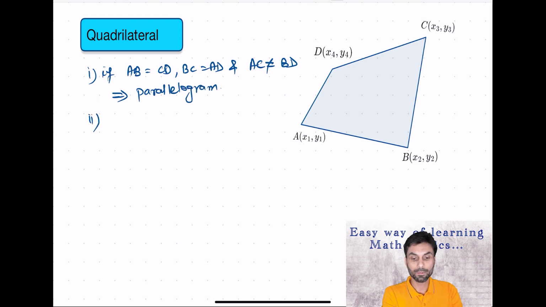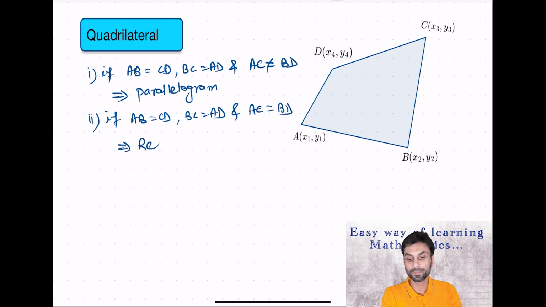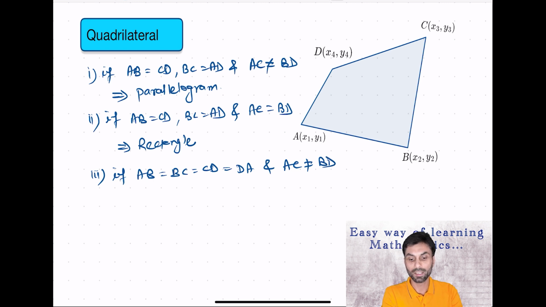Second, if we have opposite sides equal as well as diagonals also equal, then we can say the quadrilateral is a rectangle. Third, if all sides are equal, that is AB equals BC equals CD equals DA, and diagonals are not equal, we can say that it is a rhombus.